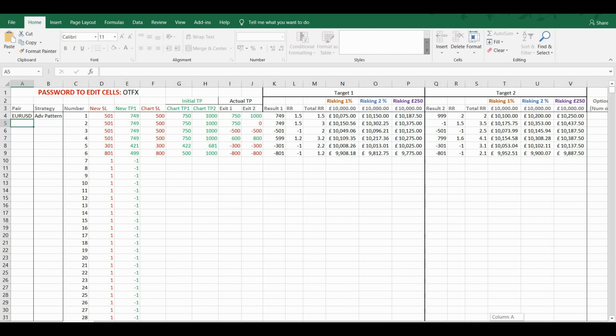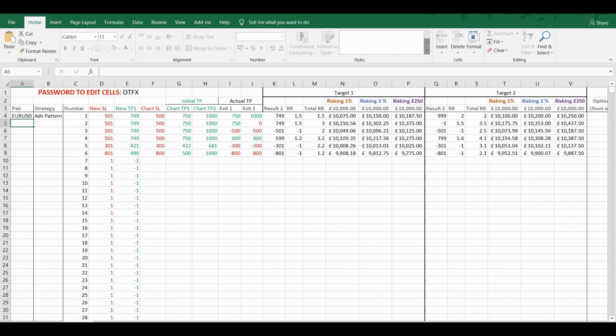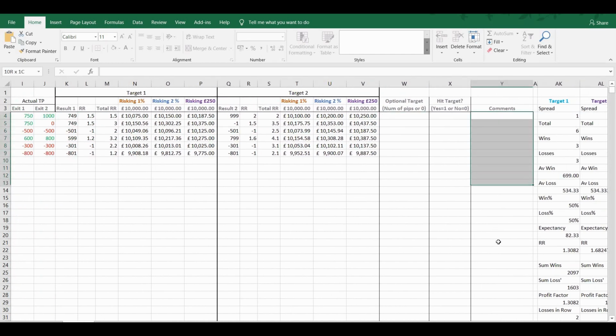You then want to compile those 2 together to see what it would have turned out as trading them together in the past. You would then have to sort these by date value. So you want to put the date and time in somewhere, even if it's not in this comment box. And also some comments about the trade management and stuff, just so you've got a record of that. Maybe if you move your stop losses or move your take profit targets, you can correlate that with whether it's a winning or losing trade, or what you did when you won, and what you did when you didn't, things like that.